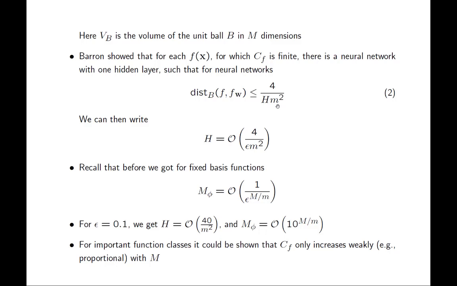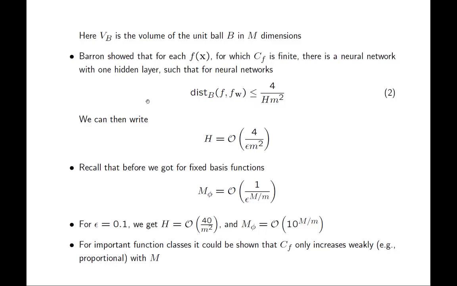The distance is smaller if the function in the target class is smooth and if you increase the number of hidden units. But the input dimension doesn't even occur in this equation. So he could show that this distance measure is independent of the number of inputs, whereas before we had this exponential influence of the number of inputs.